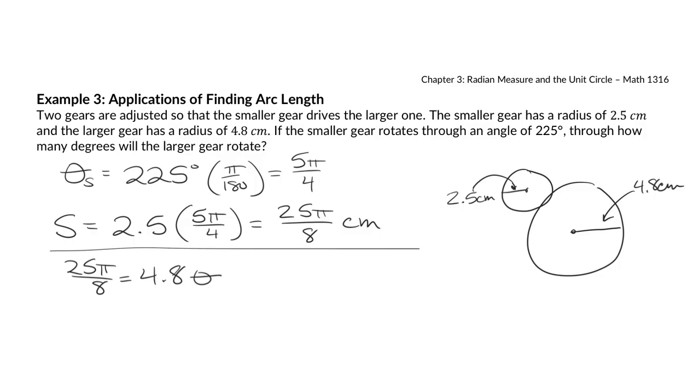How do you get theta by itself? Divide by 4.8. So 25 over 8 is already in your calculator probably. Divide it by 4.8, because we're going to leave it in terms of pi still.